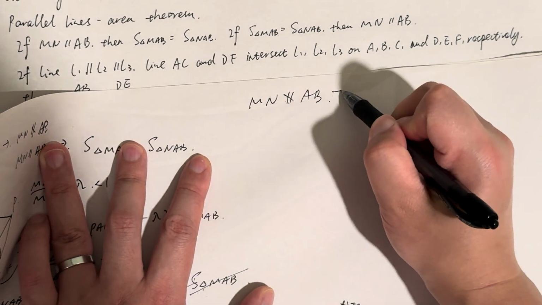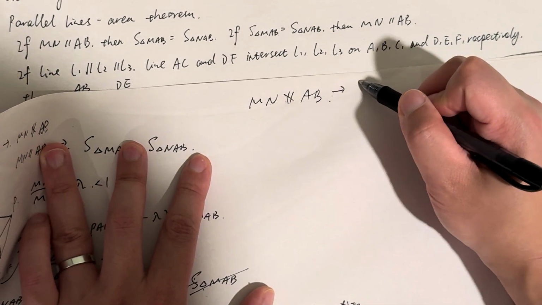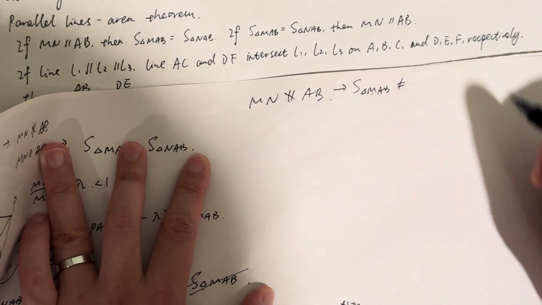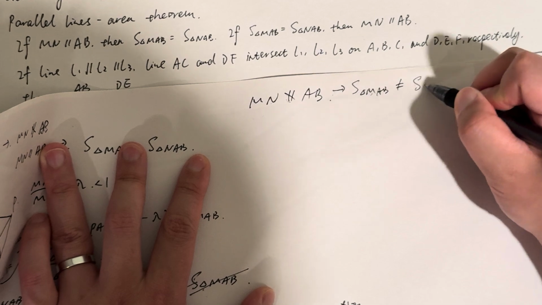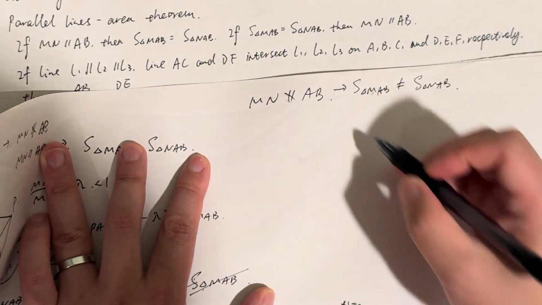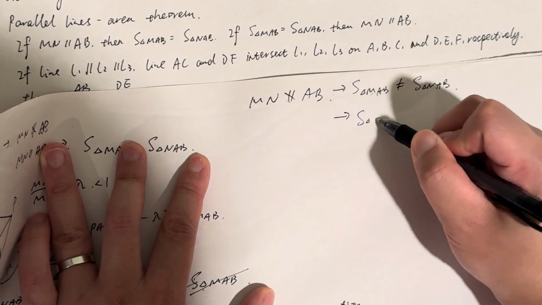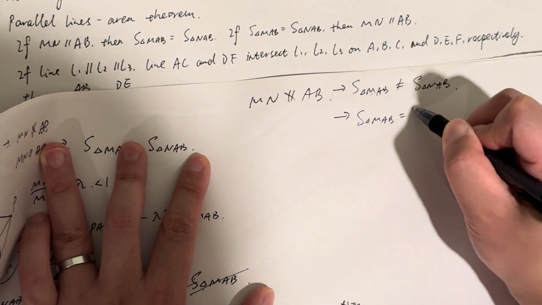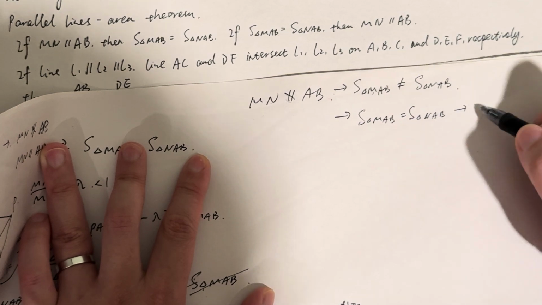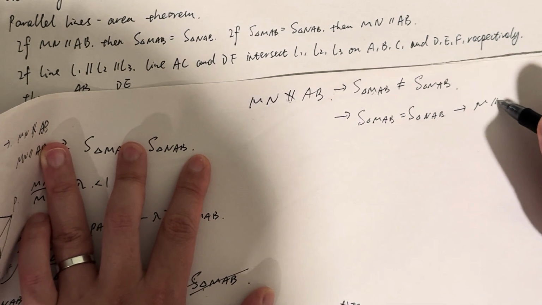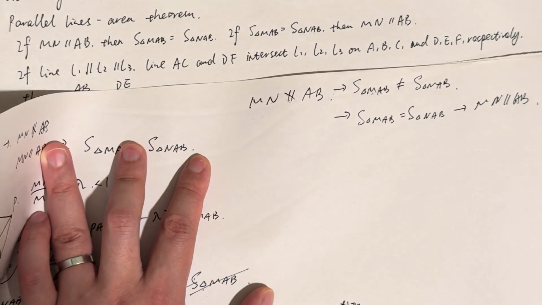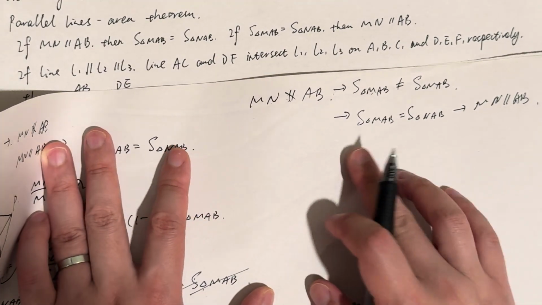And then we want to get the conclusion that the area of triangle MAB does not equal the area of triangle NAB, which means if the area of triangle MAB equals the area of triangle NAB, we have to have MN parallel with AB. Right? That's what we want to do here.